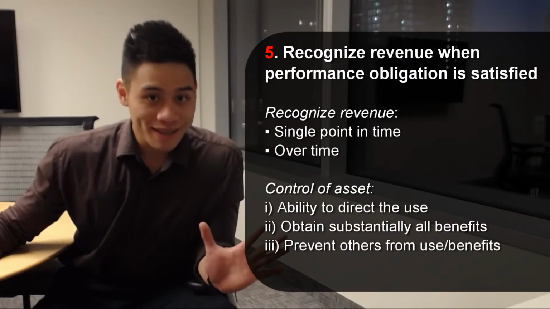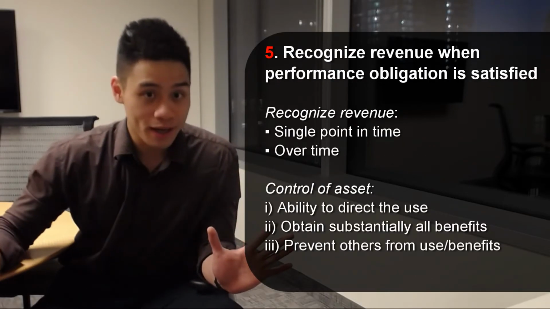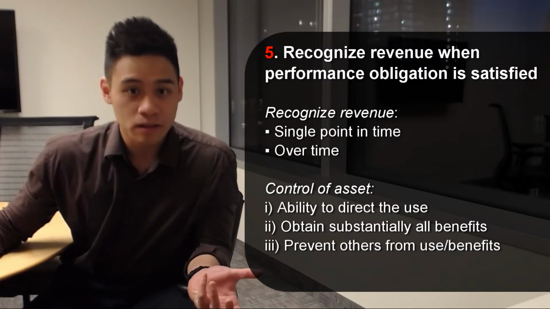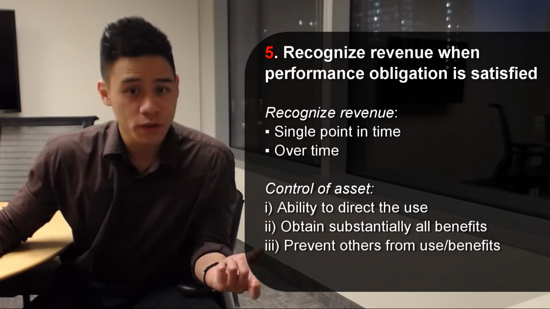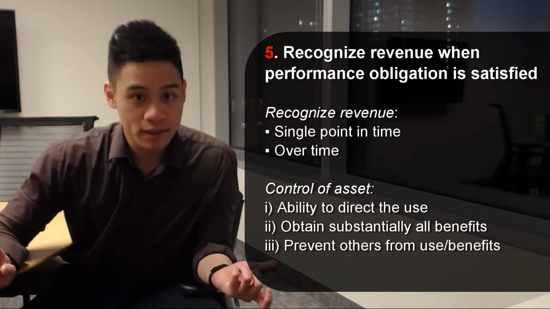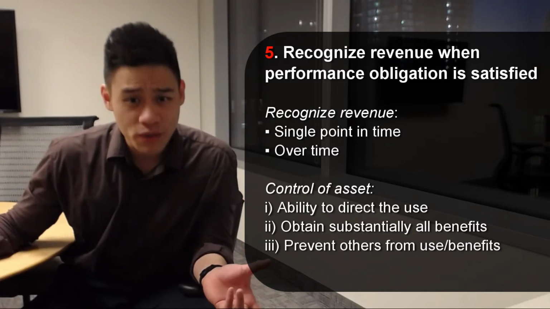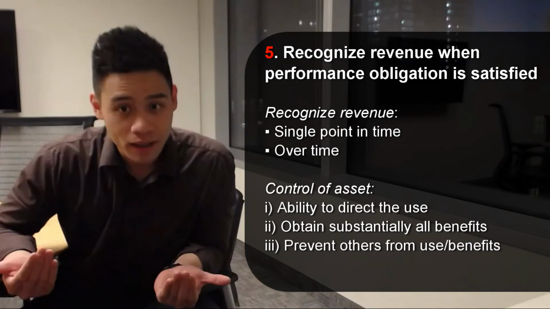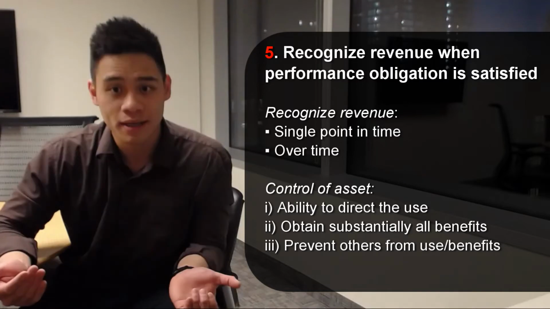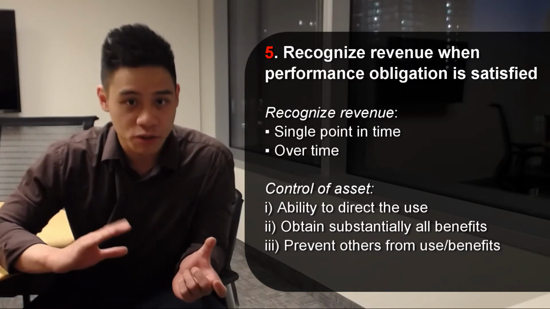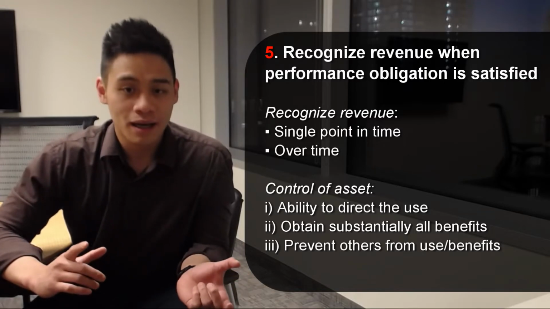And then our last step is to recognize revenue when the performance obligation is satisfied. So we can recognize revenue at a single point in time, or we can recognize it over time. Revenue is recognized when we satisfy a performance obligation by transferring the promised good or service to a customer.